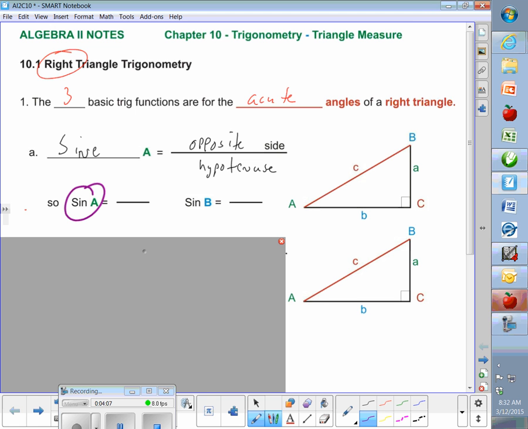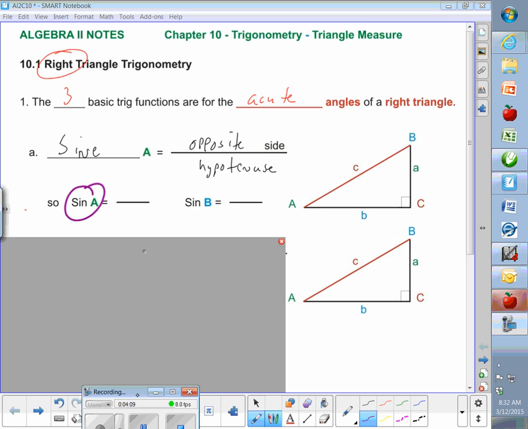All right, and so the sine for angle A, and again, what is the sine? It's going to be the opposite over the hypotenuse. And in this situation, let me go ahead and just put the letters in. What is the opposite? So here's the key to everything. Look at the top triangle. Here's angle A right here, correct?